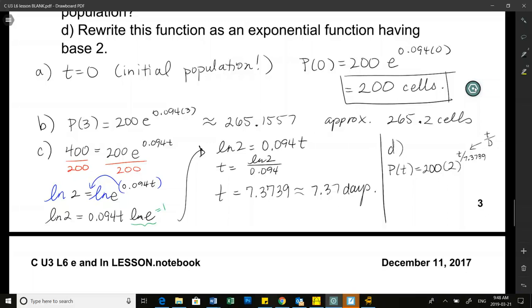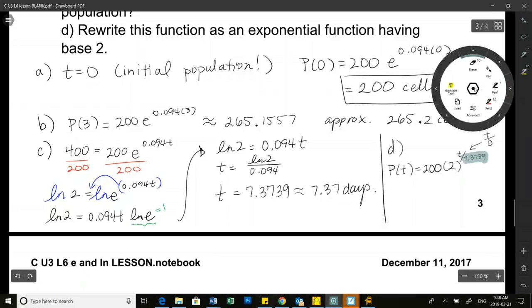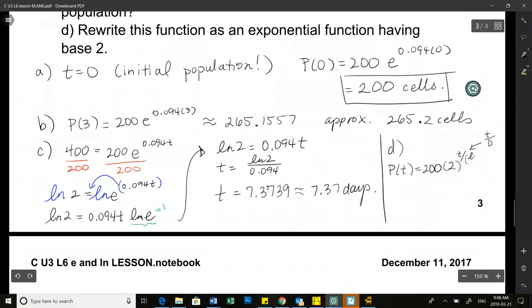It might be slightly off the decimal just because of our rounding. If you want it to be exact, you can put it as the ln of 2 over 0.094, which maybe we should do. Ooh, my eraser works now. So maybe we put it as this just to be more precise. I could make you flip and multiply and all that good stuff, but we'll leave it there.